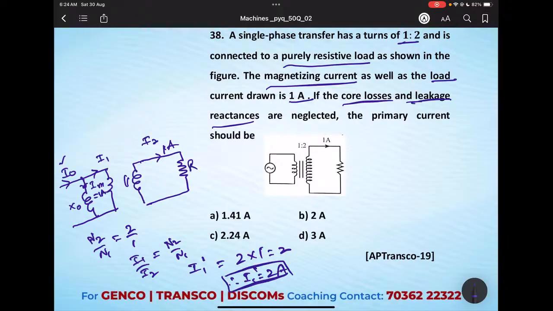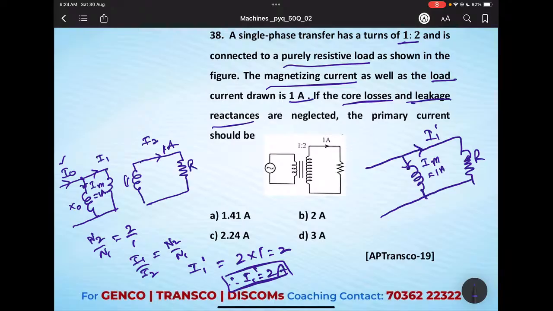Okay, let's redraw the circuit. This is the resistive load, and this is the magnetizing component of the transformer. I shifted the secondary to the primary side. It will be I1 dash, and this will be our magnetizing current Im. It is going to be 1 ampere. This is going to be 2 amperes.